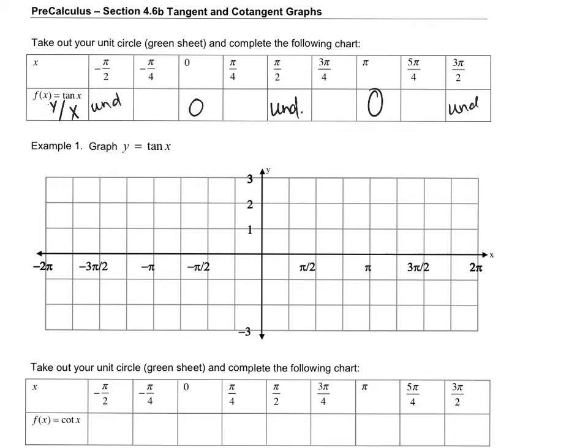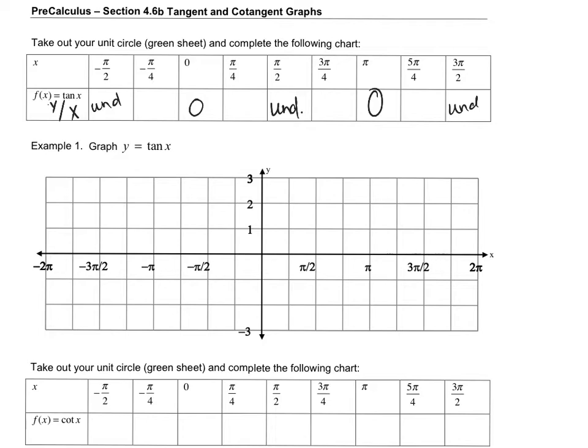All right, so now we have to look at pi over 4, 3 pi over 4, 5 pi over 4, and 7 pi over 4, which would be the same thing as negative pi over 4. Each of those, if you remember from the unit circle, are my 45-degree angles. So the two sides, x and y, have the same ratio. So they are 1 and 1.